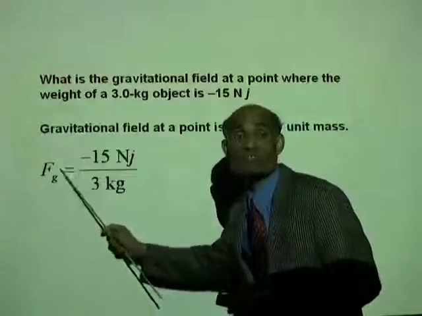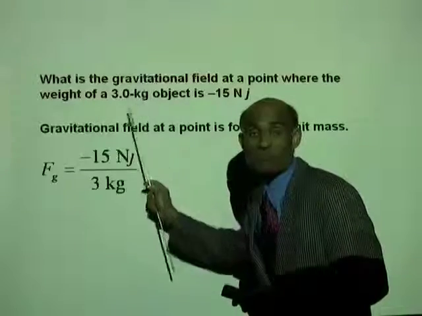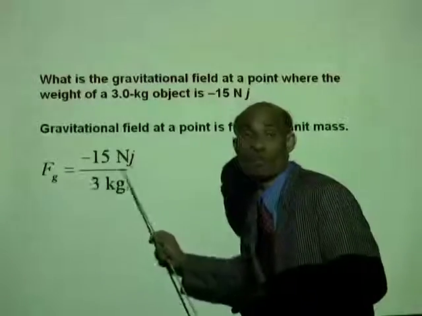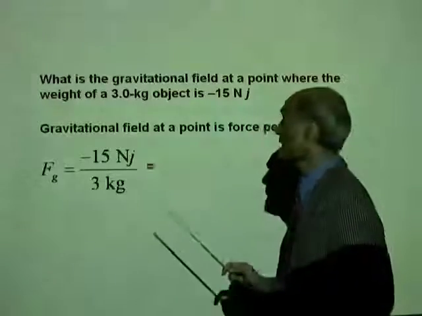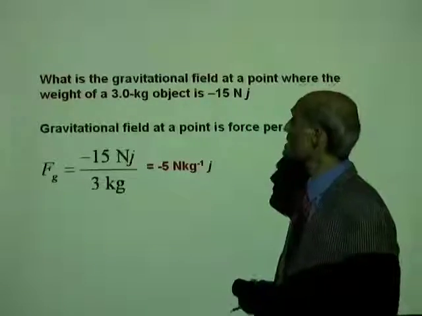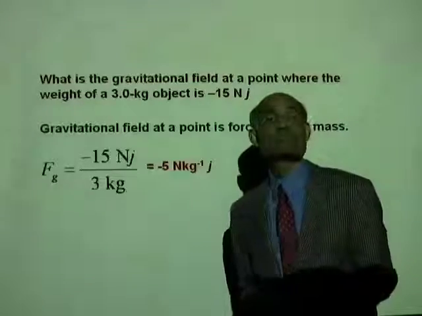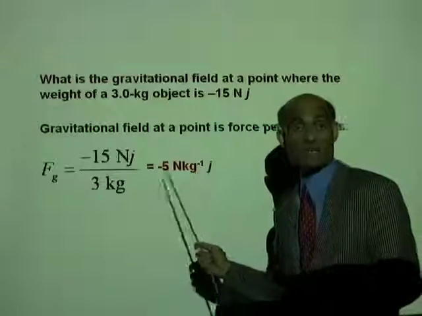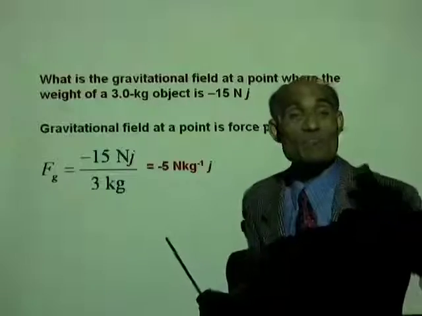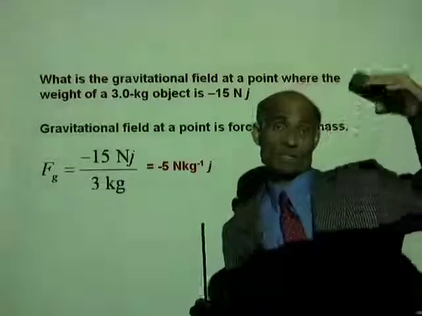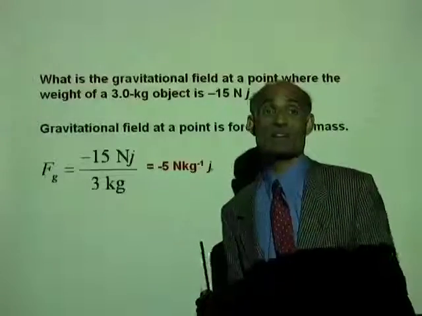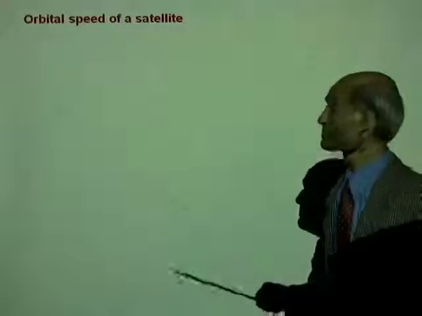Therefore, the gravitational field at that particular point will be the force divided by the mass, force per unit mass. That will be negative 5 Newton per kilogram j. That will be negative 5 meter per second squared j. Is that right? It's at a very far distance from the Earth.